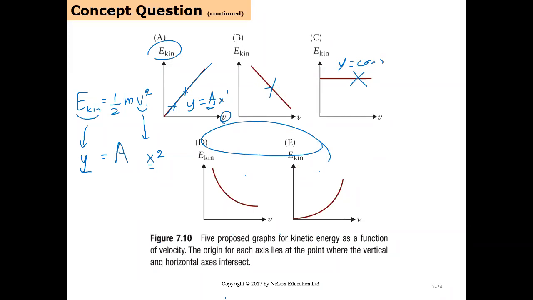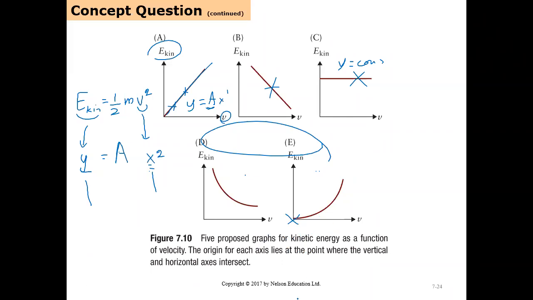E. Why not D? Yeah, you can see as x increases, y should increase, not decrease. And also when x equals 0, y is equal to 0. So that is the parabola, right?